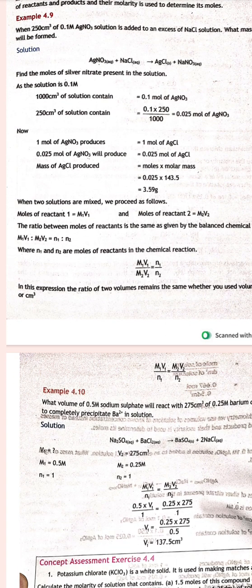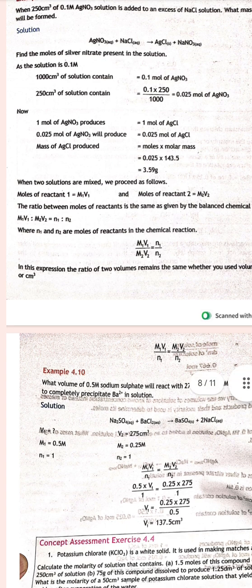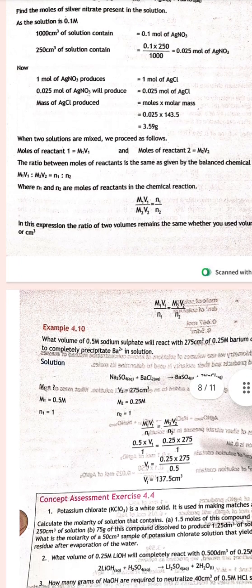Now we have another example, that is AgNO3 plus NaCl gives us AgCl plus NaNO3. Thousand centimeter cube of solution is 0.1 mole. 250 centimeter cube is 0.1 into 250 divided by 1000, that is 0.025 mole. 1 mole of AgNO3 is 1 mole of HCl, so 0.025 mole of AgNO3 is 0.025 mole of HCl.